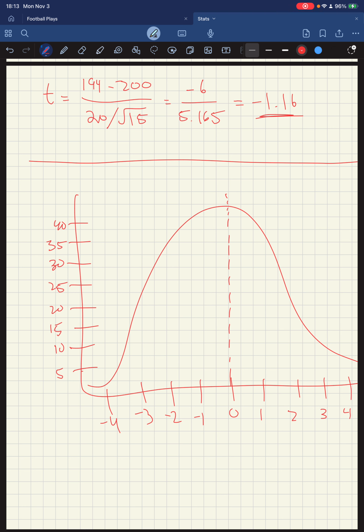Sketch and label the two critical cutoffs and mark the observed t value. Okay. So we'll place a line at negative 1.16. And then our plus or minus. So we'll need 2.145. And negative 2.145. There we go. That's our graph.